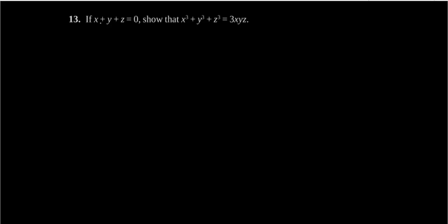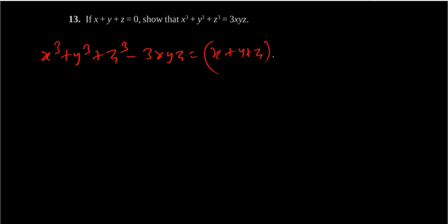Next one. If x plus y plus z equal to 0, show that x cube plus y cube plus z cube equal to 3xyz. We know very well this identity: x cube plus y cube plus z cube minus 3xyz equal to (x plus y plus z) into (x square plus y square plus z square minus xy minus yz minus zx).